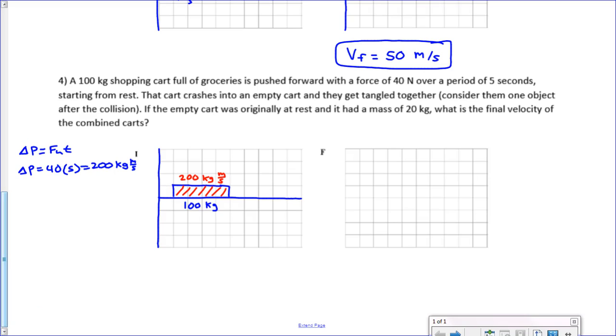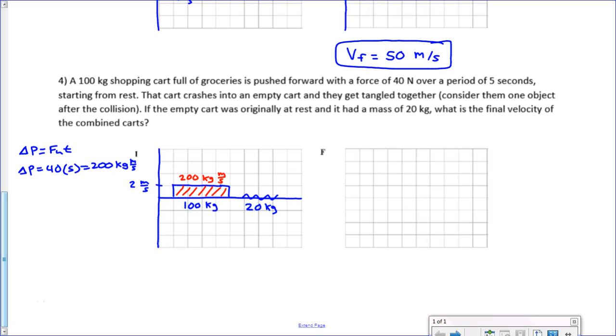Dividing the momentum by the mass, we get that it is going 2 meters per second originally. Then we've got that other cart, which has a mass of 20 kilograms, and it is not moving at all.